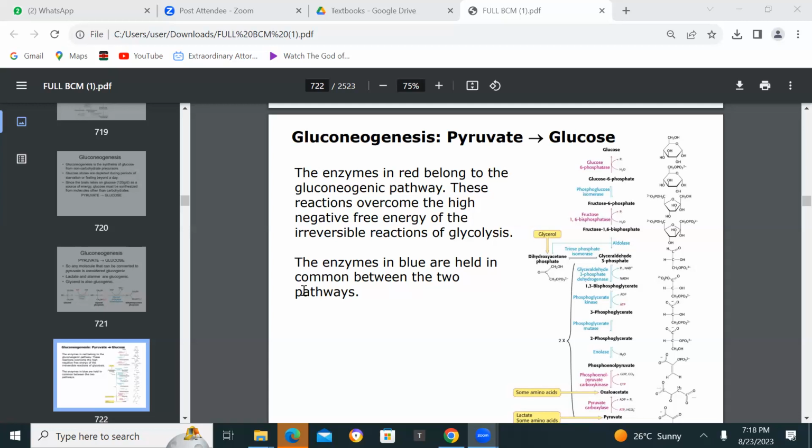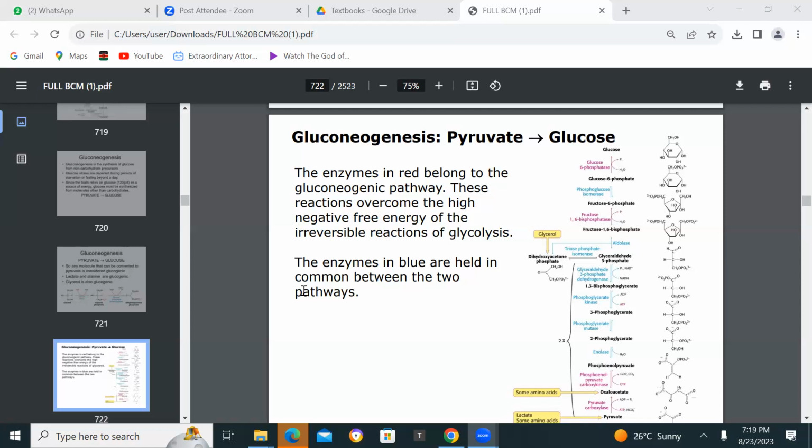So glycolysis, as we said, is the breakdown of glucose, glucose lysis, breaking down. Why are we breaking down glucose? To get energy. Glucose is our starting ingredient, and through a series of enzymatic reactions we obtain pyruvate if it's aerobic metabolism, meaning oxygen is there in good amounts.